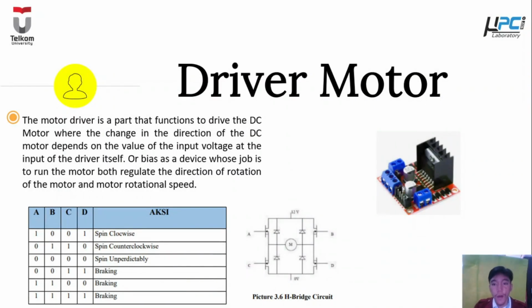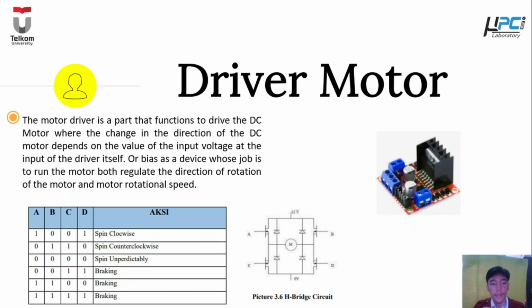Now, the driver motor. The driver motor is a part that functions to drive the DC motor, where the change in the direction of the DC motor depends on the value of the input voltage at the input of the driver, or bias.